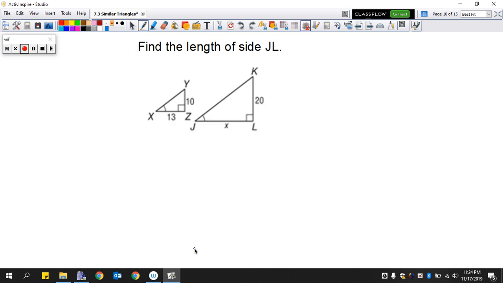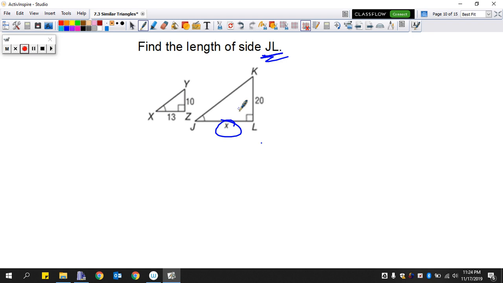All right, next one. So we're talking about angle, side, angle. It says find the length of side JL. Okay, find the length of side JL. That's this one right here. Okay, so we know that these two triangles are similar because we have two angles that are congruent.